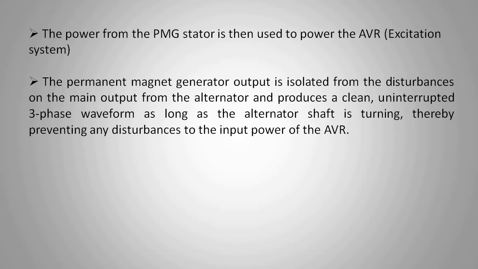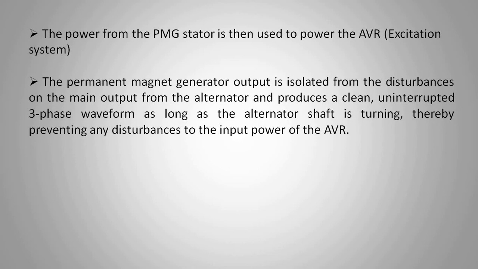The permanent magnet generator output is isolated from the disturbances of the main output from the alternator. In a power generating station, the main alternator is connected to a number of loads, and these loads may disturb the alternator.